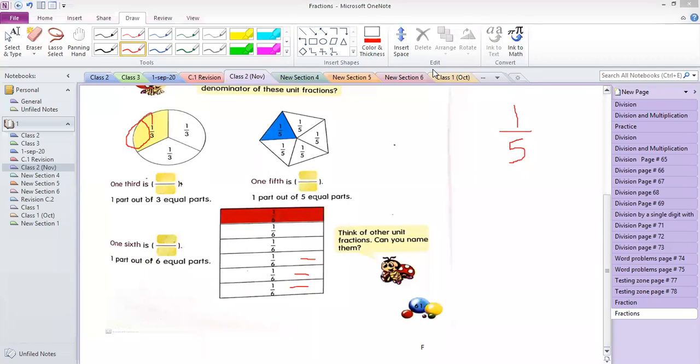How many total equal parts are there? The answer is 6. It is divided into 6 equal parts. You can count: 1, 2, 3, 4, 5, and 6.